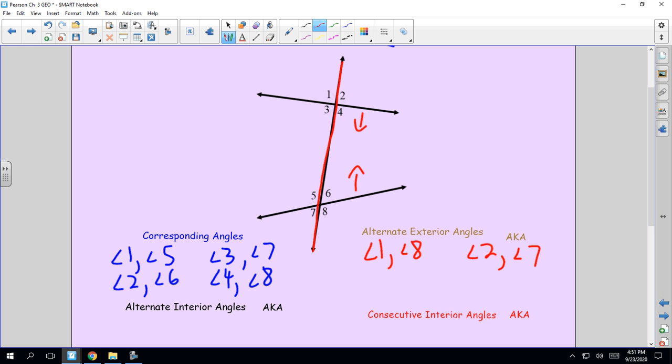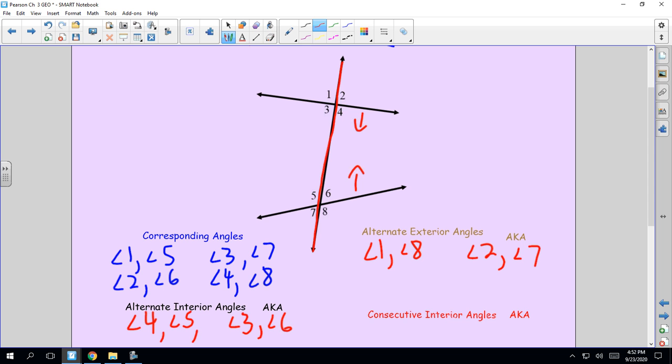So for example, I have angles 4 and 5, and I have angles 3 and 6. Those are alternate interior angles. 4 and 5, 3 and 6.